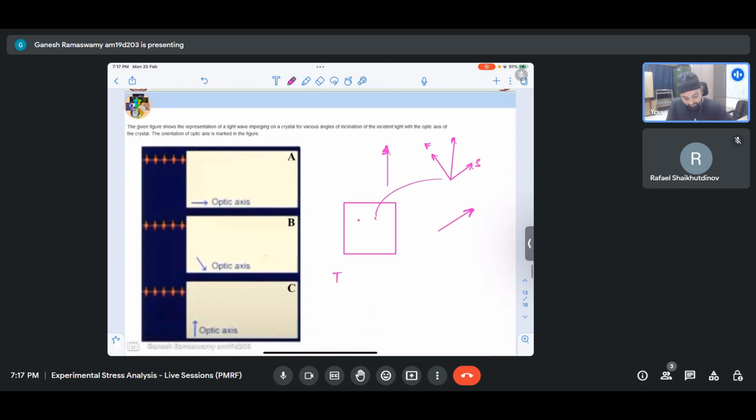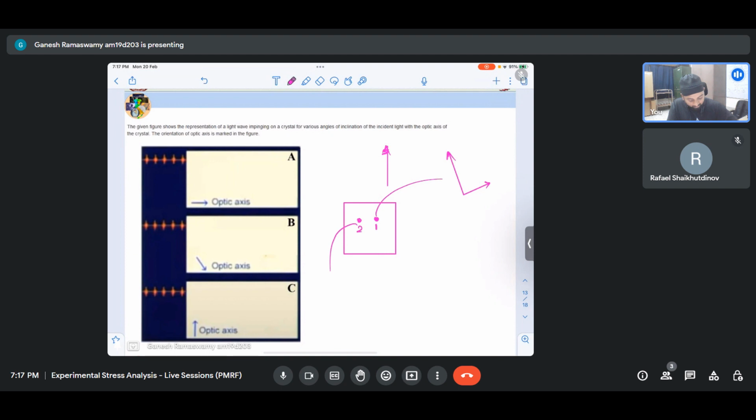Let me explain this in more detail. I suppose I didn't do proper justice to this. Let me take a point. Now I know at that point, let us say that fast axis and slow axis orientation is this way. And at some other point, let me call this point 1.